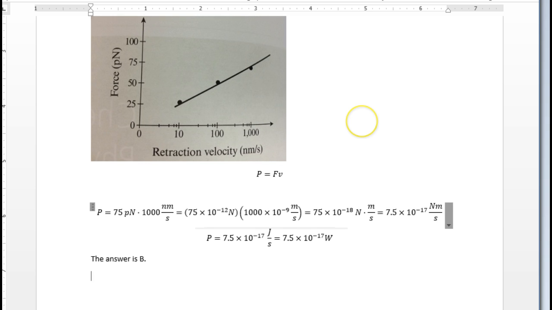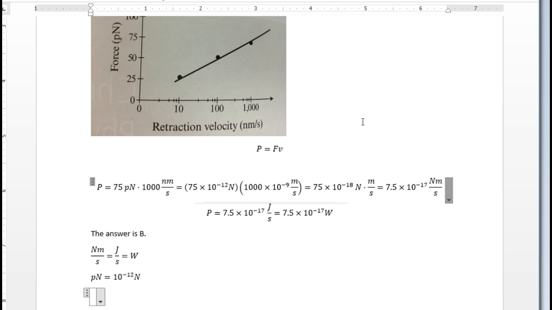Okay, so what are the other things we encountered in this one? We now know that a newton meter per second is a joule per second is a watt. Okay, it's a watt. We know that a piconewton is 10 to the minus 12 newtons.